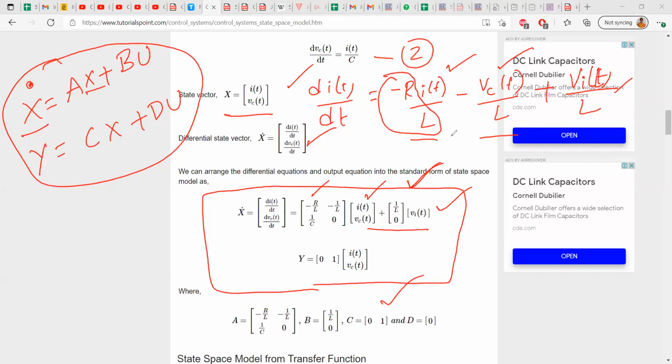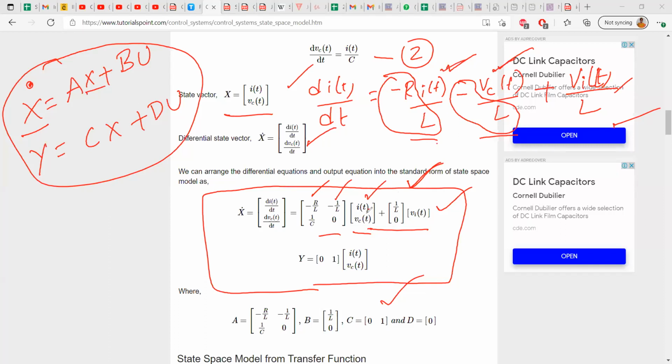If you represent in the matrix, minus 1 by L is one more element. So if you multiply this and this, you are getting this equation: minus R by L into I of t plus minus 1 by L into Vc of t. This is what you get, these two terms.